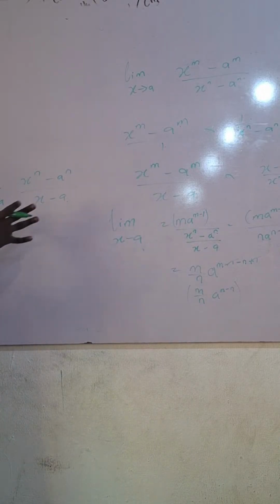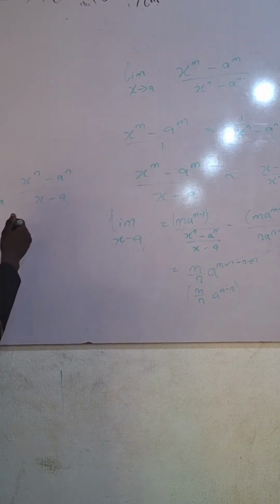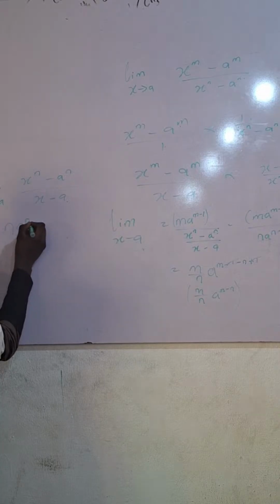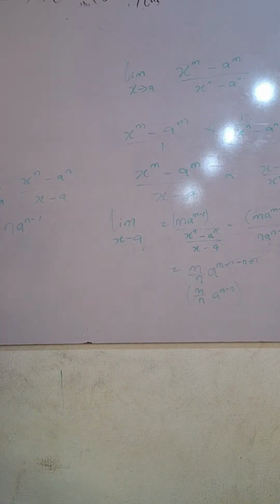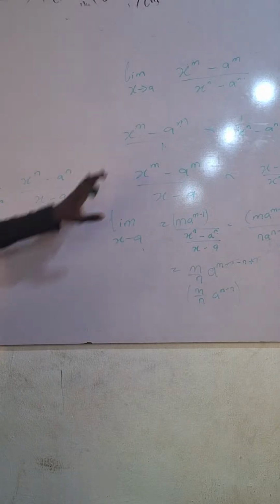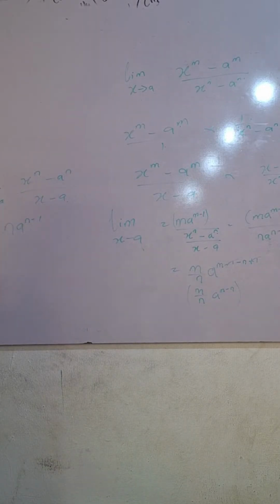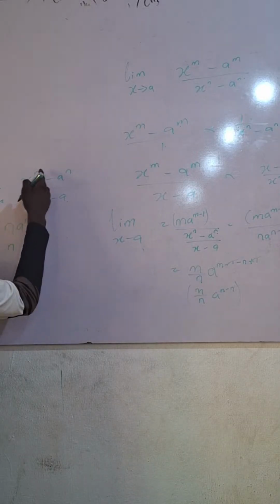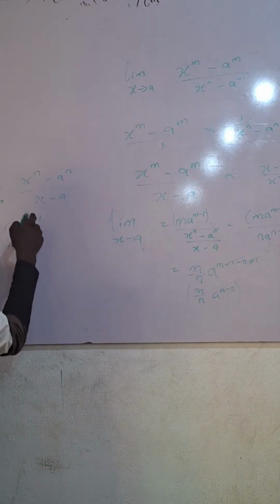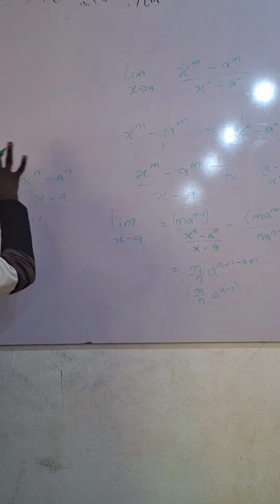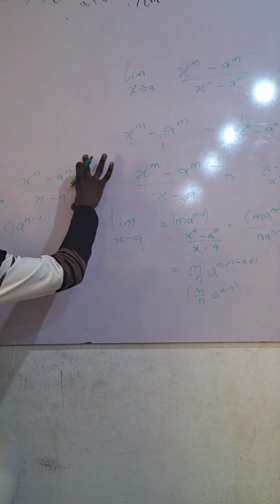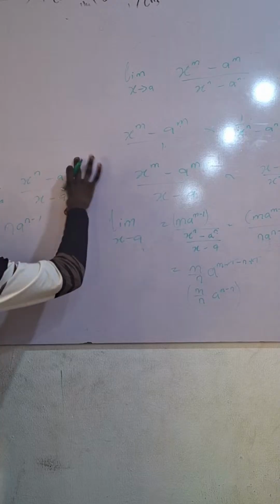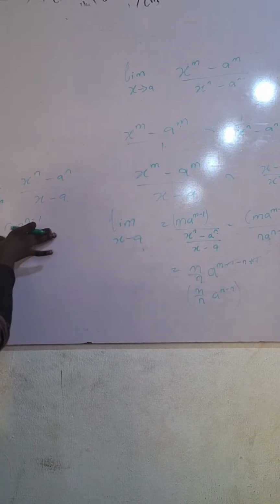This is the formula, and this is the scenario where you can use it. Your question must look like this before you can just input your values and get your answer. So n is what? This is n, a, then n minus 1. Your question must resemble this in format before I can use this formula.